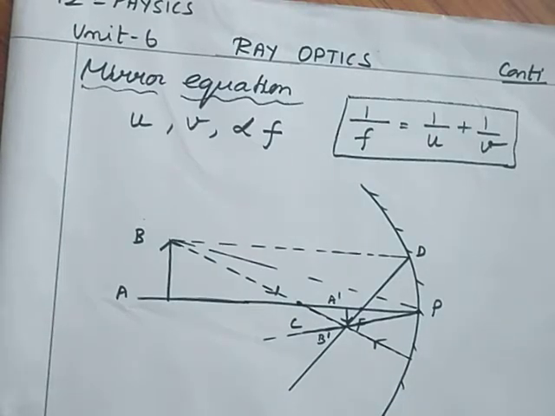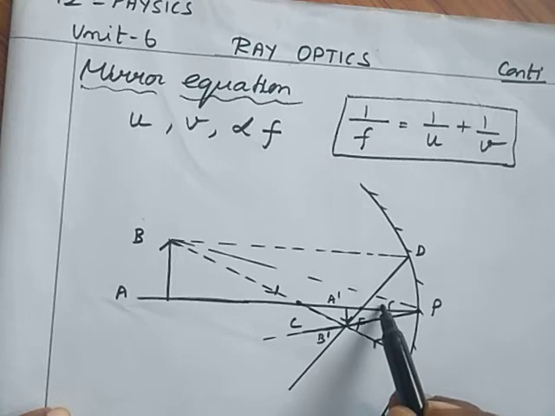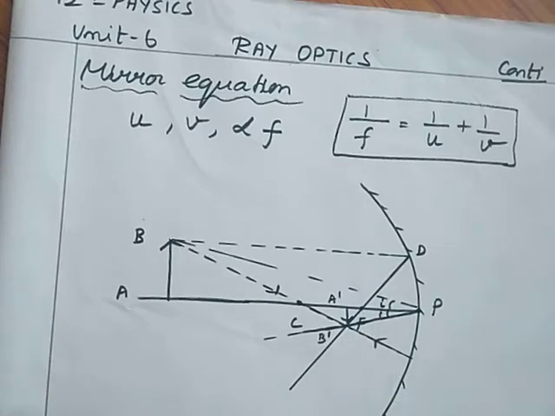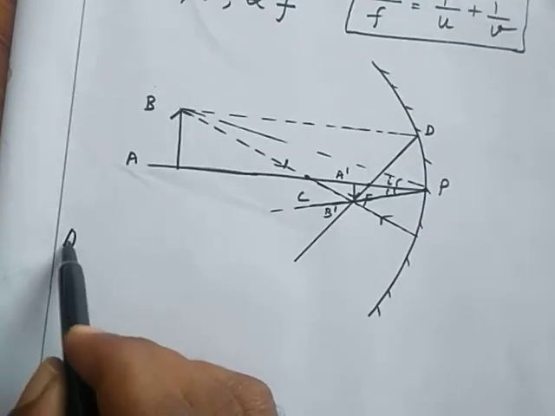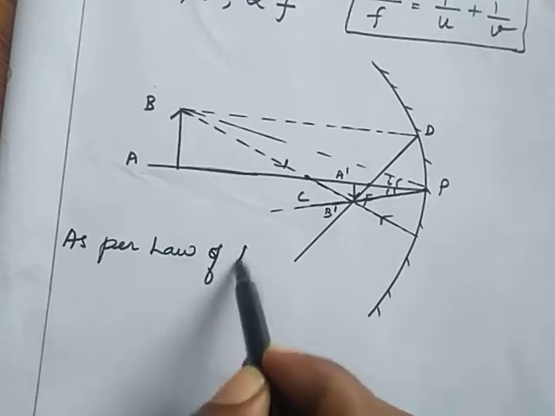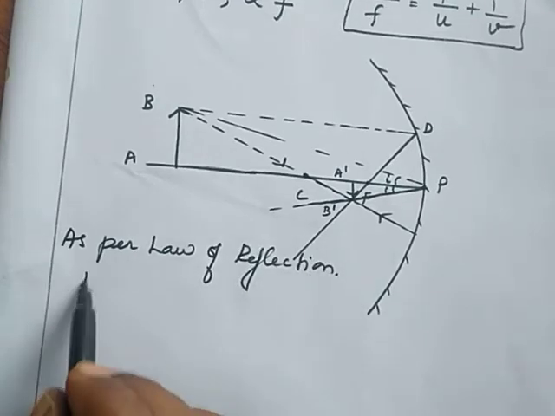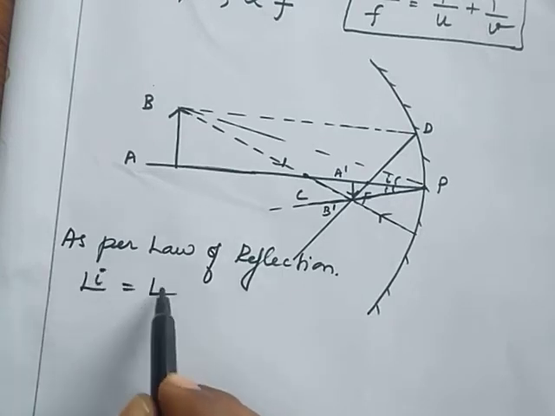At that point P, the law of reflection says the angle of incidence is equal to the angle of reflection.